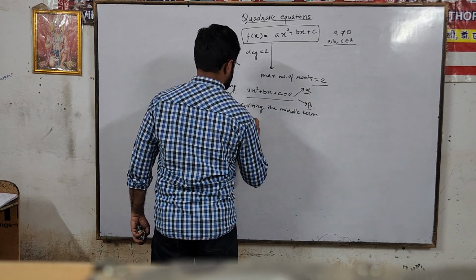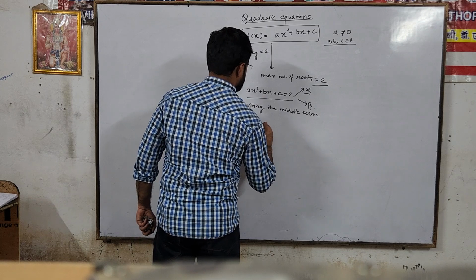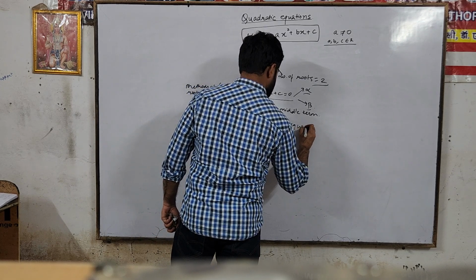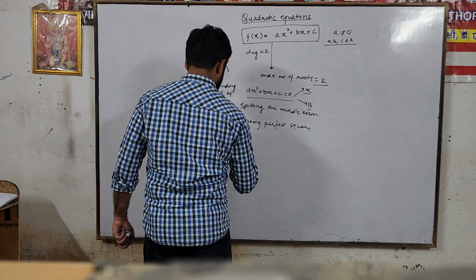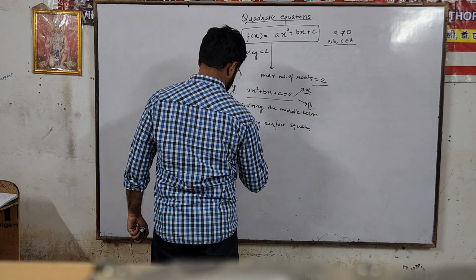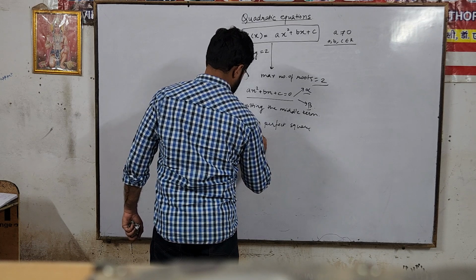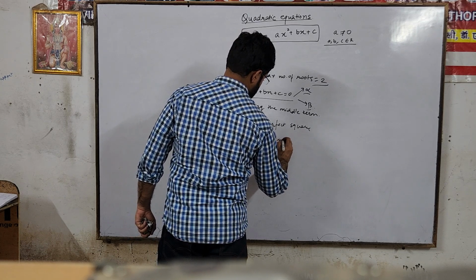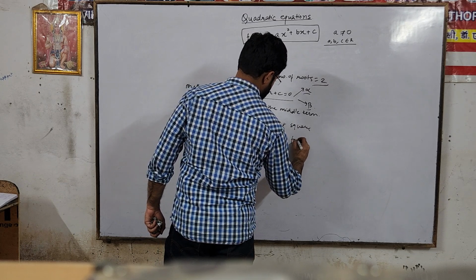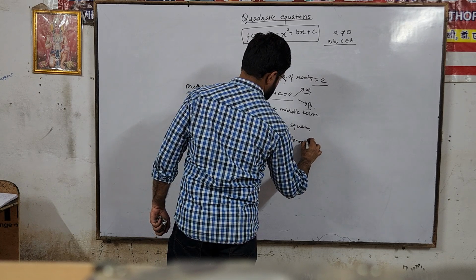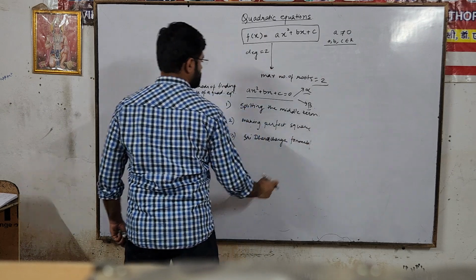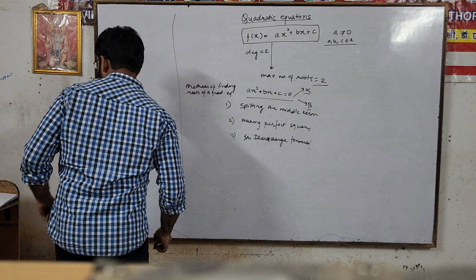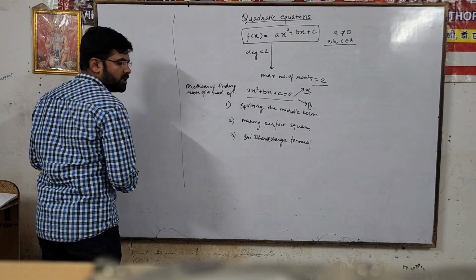The second one is making a perfect square, and the third one is your Sridharacharya formula. Okay, I hope you understood all of this, and I'm going to start with splitting the middle term.